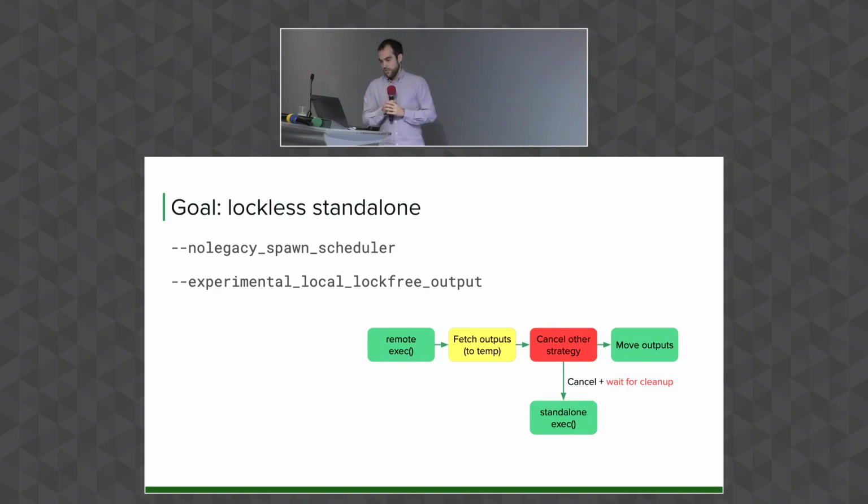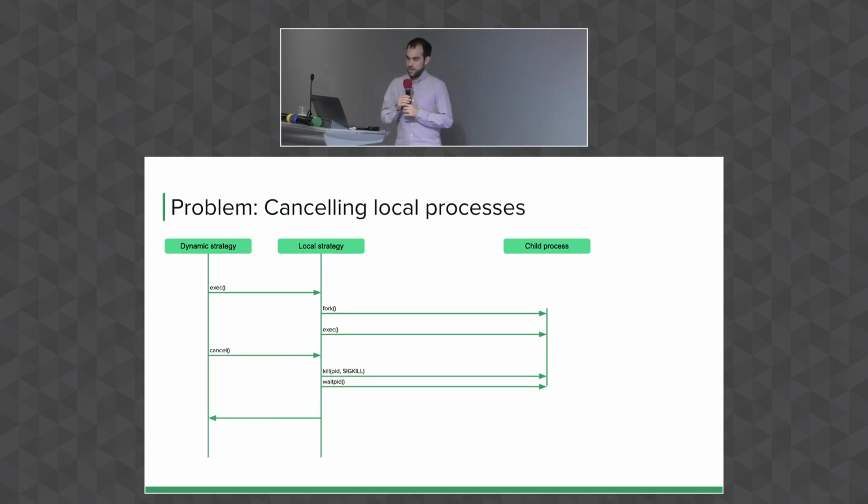OK. So I mark wait for cleanup there in red because that has also been problematic. Something that seems very simple turned out not to be so much. And the reason is because canceling local processes is complicated. As an example, I tried to paint what's happening inside Bazel.